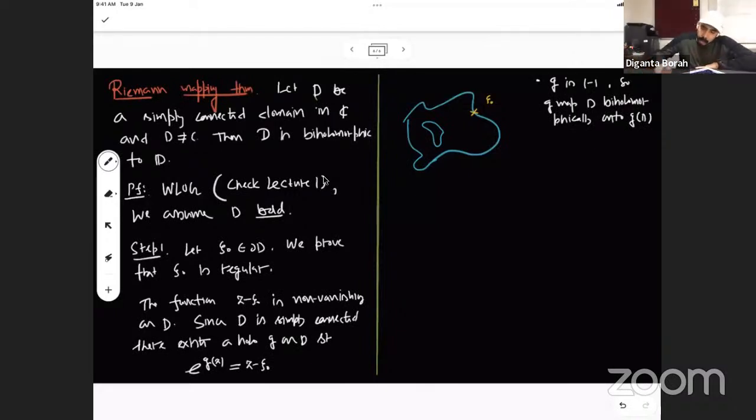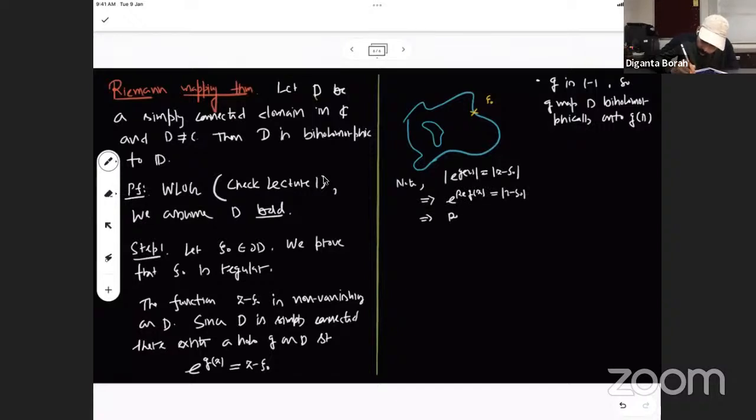So let's look at the function g. Actually, let's take modulus on both sides. So mod of e to the power g(z) is mod of z minus zeta naught, and mod of e to the power g is simply e to the power real part of g, right?